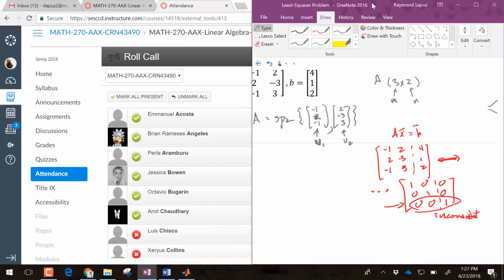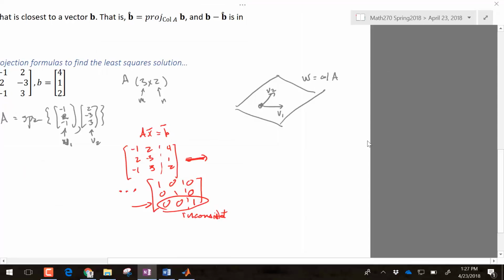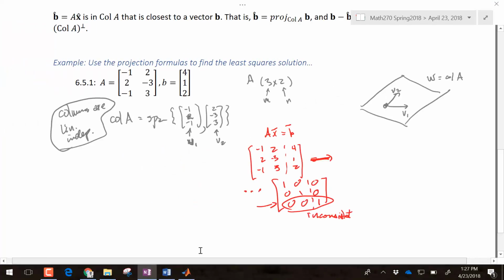So what we have here is a B that's not in the column space. We don't get a solution, so that means B is not in the column space of A.